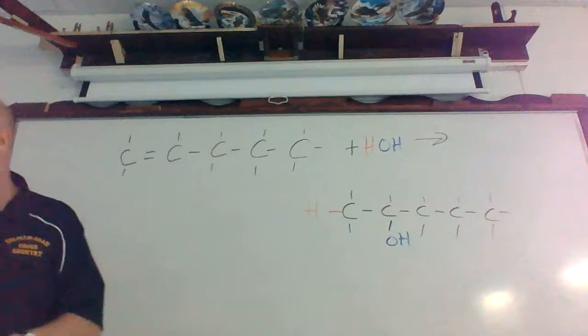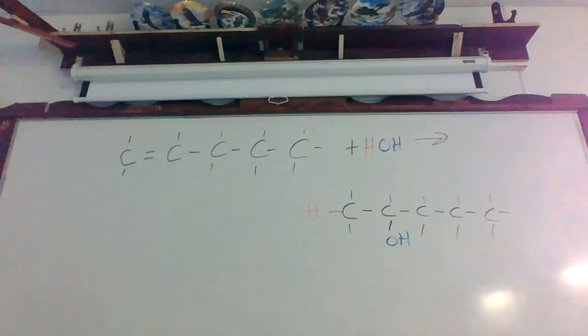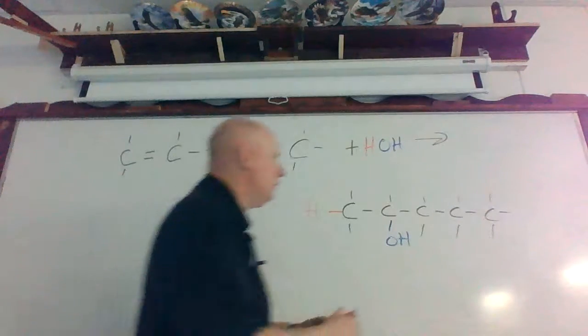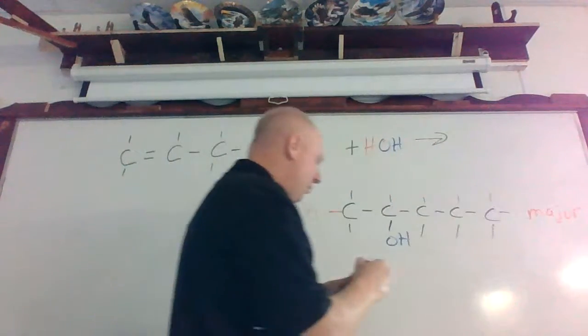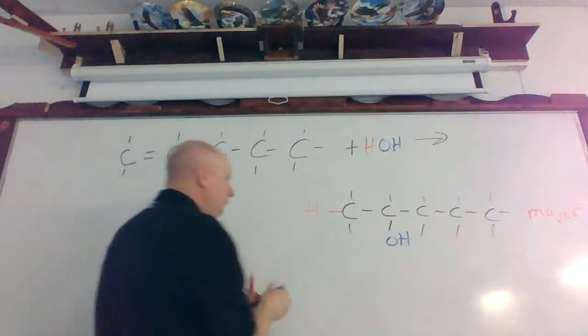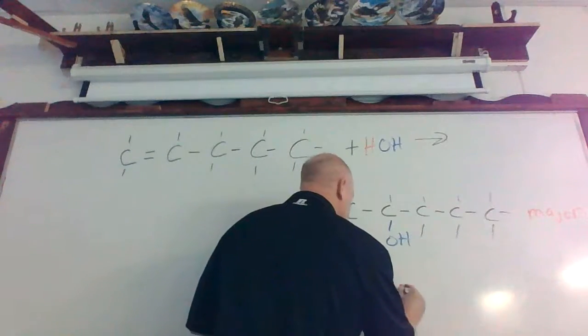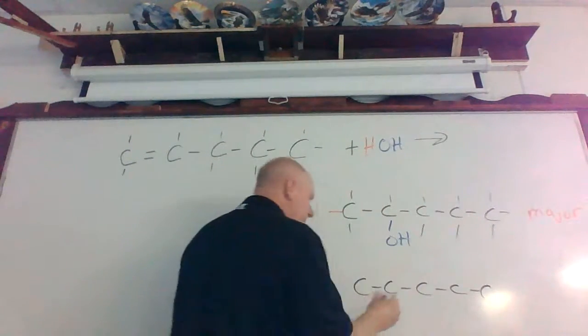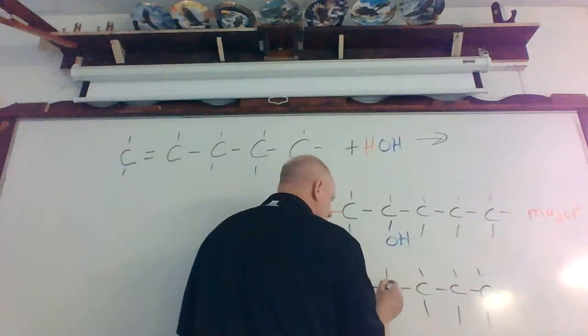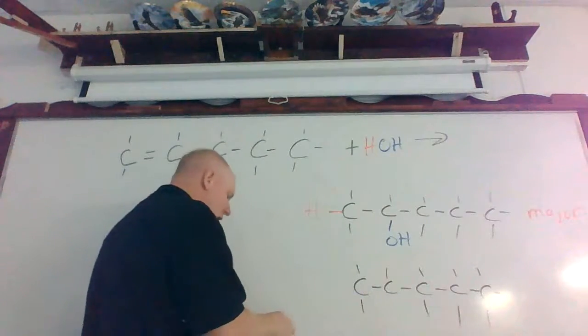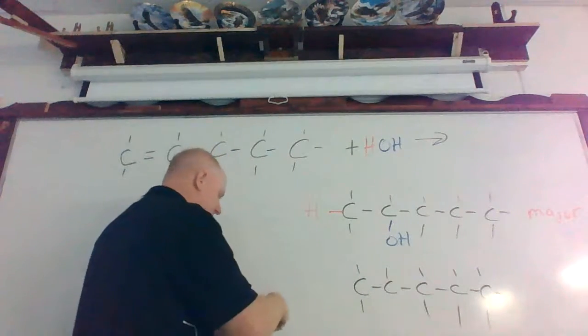And you have to label this. Is this the minor product or the major product, do you think? This is the major product, okay? So if we're saying we have to label them, that must mean we've got a minor product, and that is true. Which means these two just get flip-flopped.